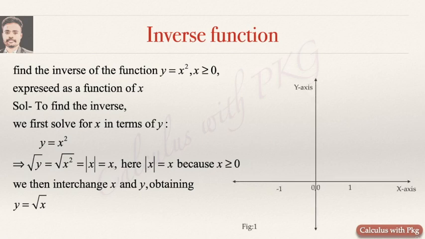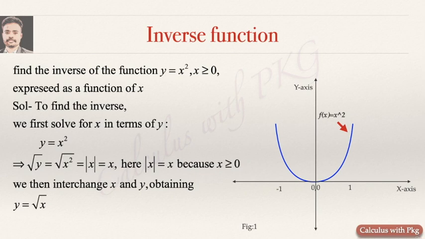Now we know how the y equal to x square graph looks like. It is a parabola. Now to find the inverse of the function, as I have already told, the function should be a one-to-one function.